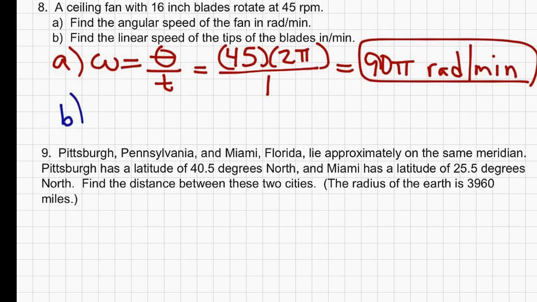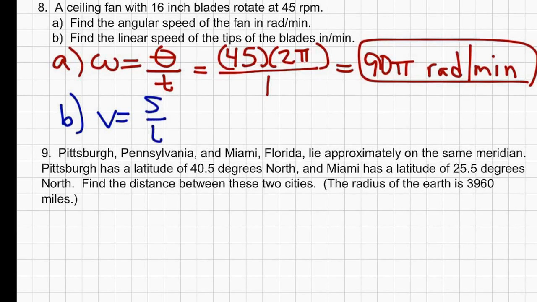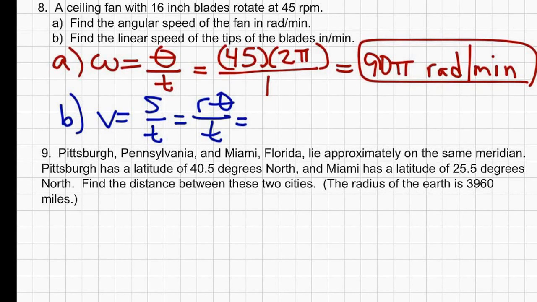For part B, find the linear speed of the tips of the blades in inches per minute. The linear speed, v, and you know from physics v is velocity, is equal to the arc length divided by the time. Well, the arc length is the radius times theta. Well, we know the radius is 16 inches because each ceiling fan blade is 16 inches long.